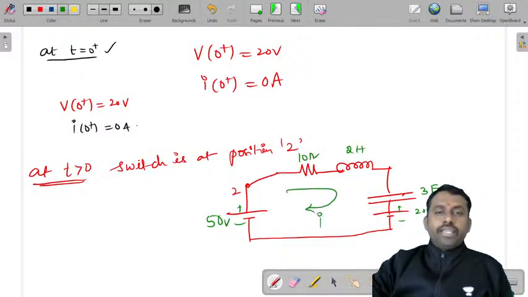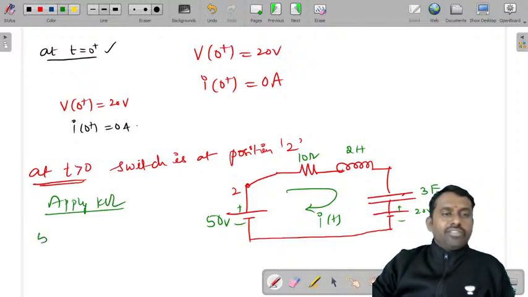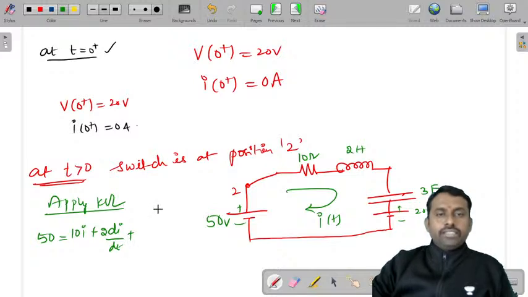Now let's try to apply KVL. 50 is equal to 10 into I plus 2 into di by dt plus 1 by 3 integral I dt plus 20.